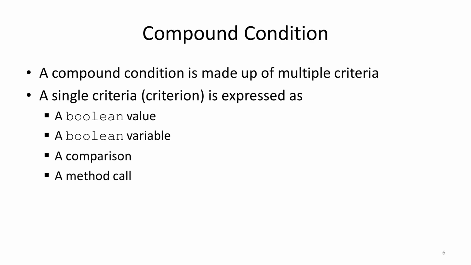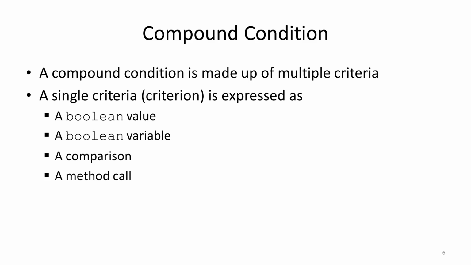The focus of today's lecture is understanding how to create compound conditions, where a condition is made up of multiple criteria. Making decisions involve all kinds of criteria. Never is it straightforward as a single criteria. As programmers, we need a way to express such situations where there is more than one criteria.